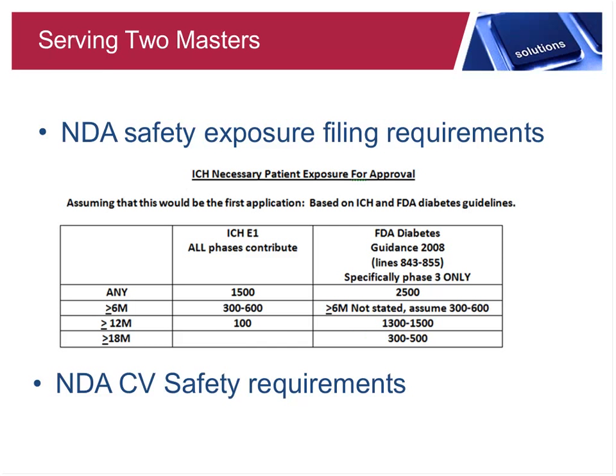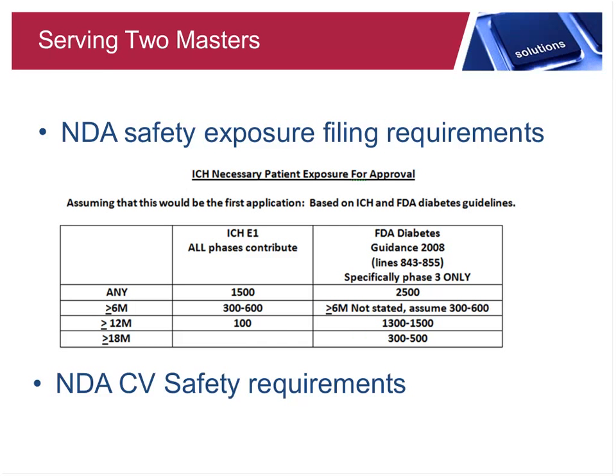And that date will usually be different than when you satisfy every one of the rows here for NDA safety exposure filing requirements. What's interesting is that as a clinical developer, we're always working towards a critical path for filing the NDA.